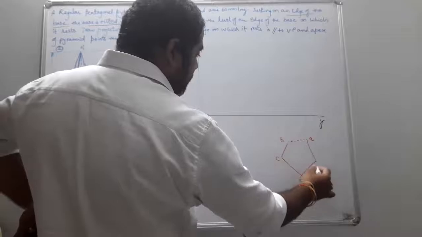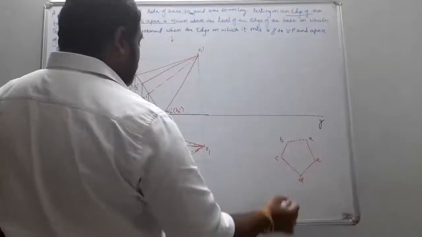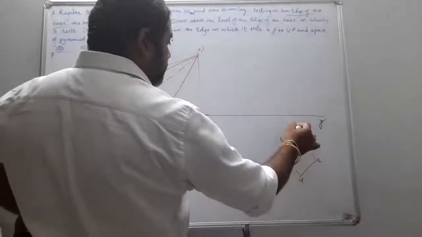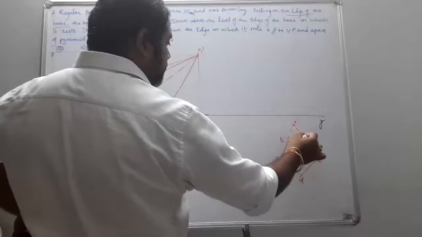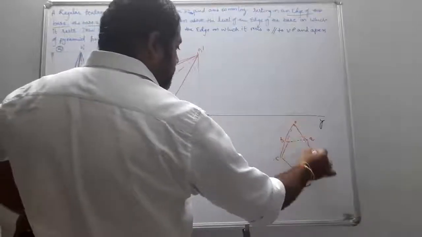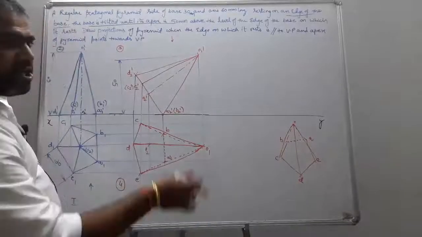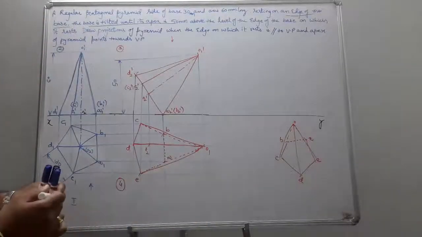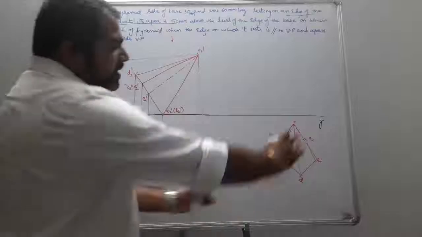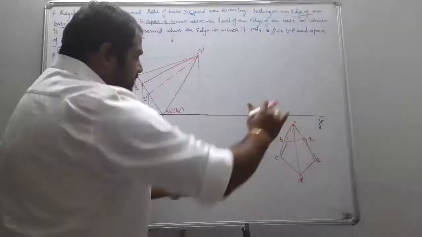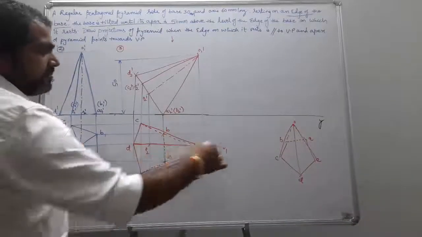C, D, E, and this becomes your O. It is going to be like this if you reconstruct the figure in the change of position method. Now, for my convenience, reconstruct the figure like this. This becomes horizontal.